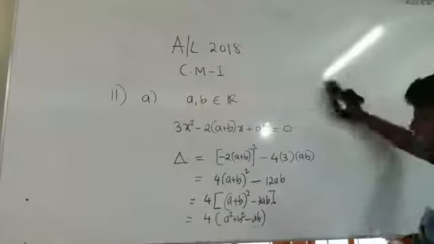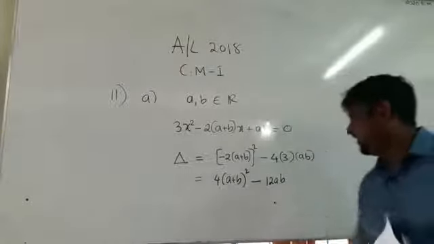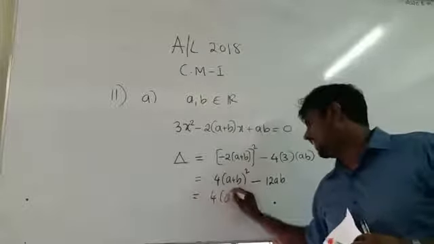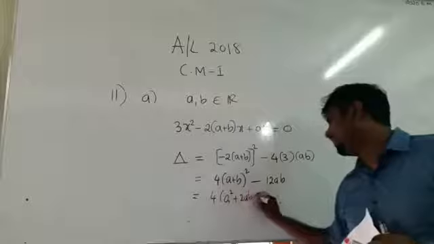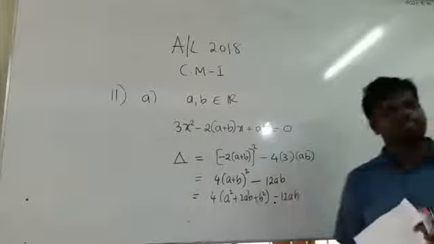Other than that, if you don't take the 4 and just simplify this: 4a squared plus 2ab plus b squared minus 12ab, right?